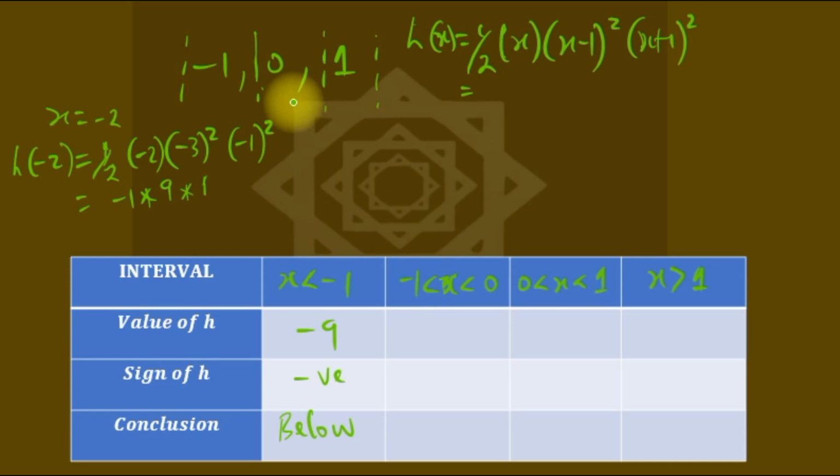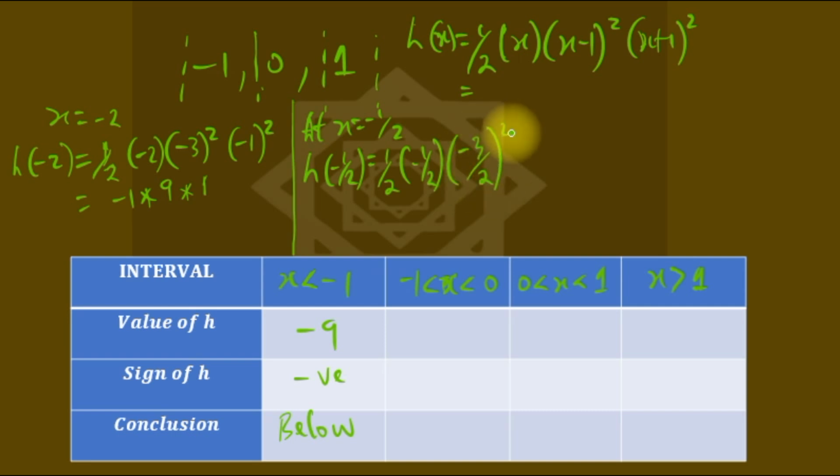So let's test numbers between minus 1 and 0. Let's pick minus half. So let's use h at x equal to minus half. I have h of minus half equal to half times minus half, times minus half minus 1, which is minus 1.5, that's minus 3/2, all squared, times minus half plus 1, which is half, so half all squared.